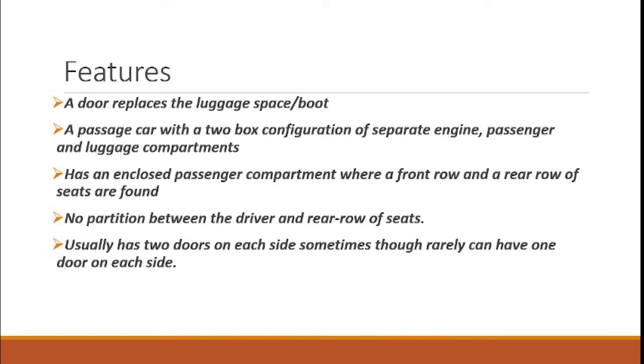And usually, you'll have two doors on each side, and sometimes, though rarely, you can have a door on each side. So this one has two doors on each side, but you can note clearly here, the hatchback has no boot area. You just replace it with a hatch door, and that's why we call it a hatchback, because the back is a hatch door.